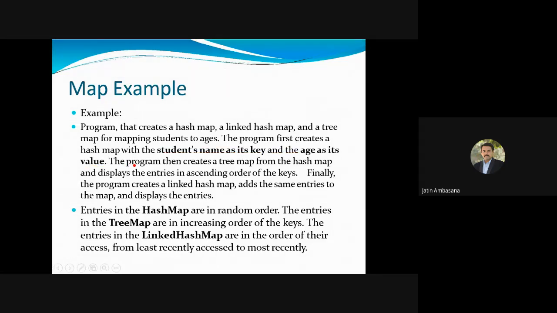Understand? And the program then creates a tree map from the hash map and displays the entries in the ascending order of the keys. So tree map has sorted values. According to keys, the pairs will be sorted in tree map. And finally, the program creates a linked hash map, adds some entries to the map and displays the entries.